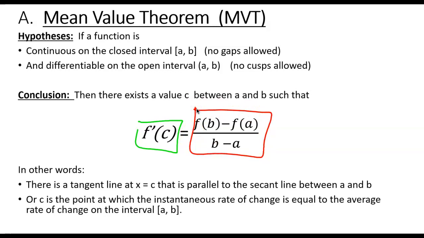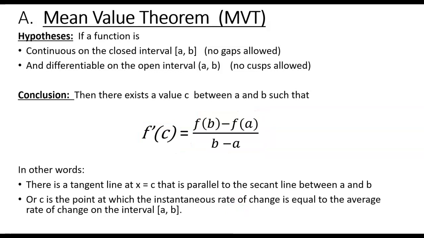In other words, there's a tangent line at x equals c that's parallel to the secant line between a and b. Or you could also think of it as c is the point at which the instantaneous rate of change is equal to the average rate of change on the interval a to b. Now I want to point out to you guys, this is just a summary of everything I've already said, but it's just more formally stated.